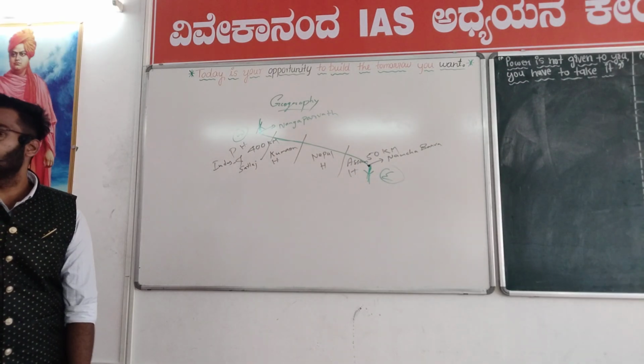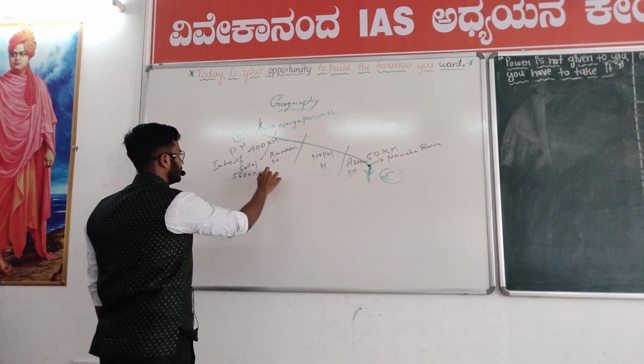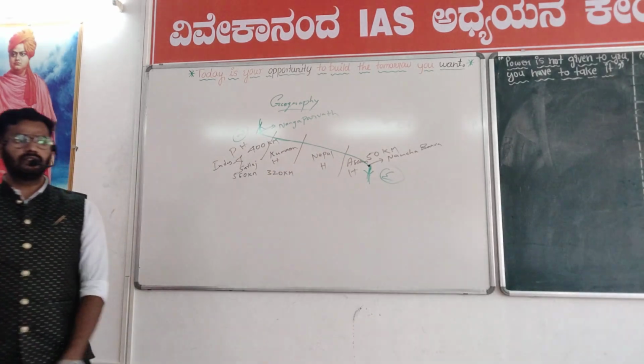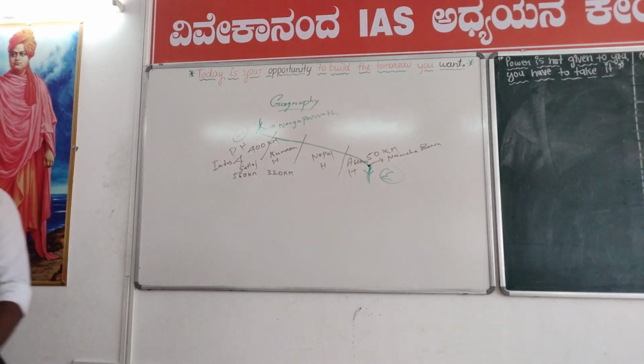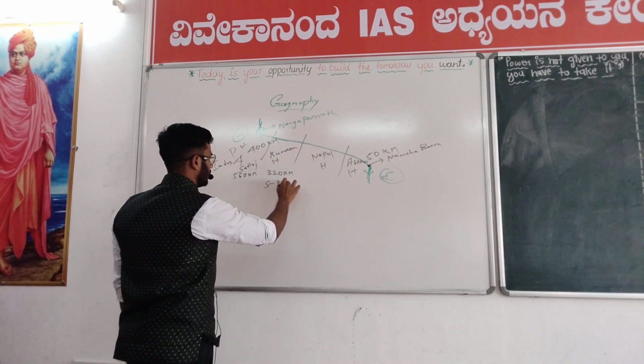Next, Kumaon Himalaya, 320 km. This is between the Sutlej and Kali river.